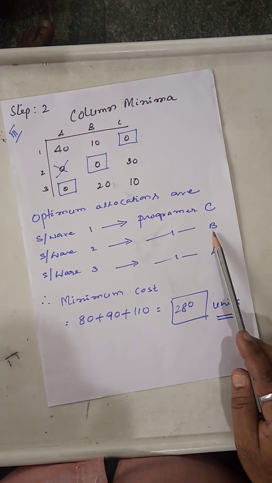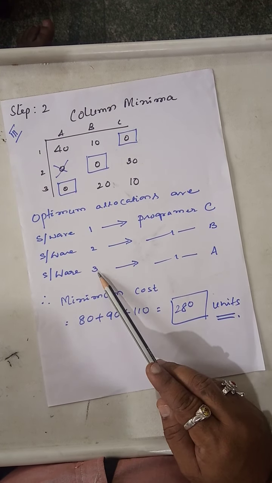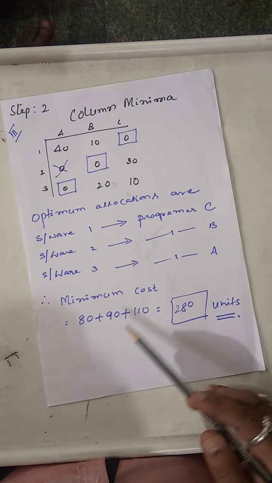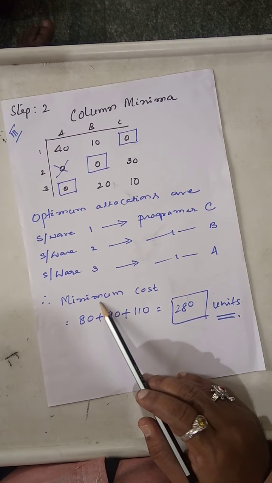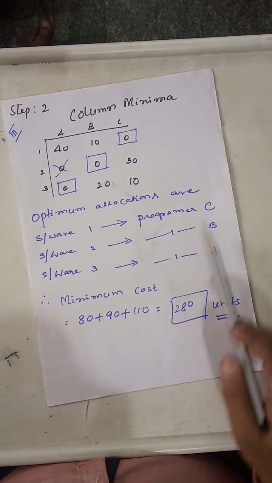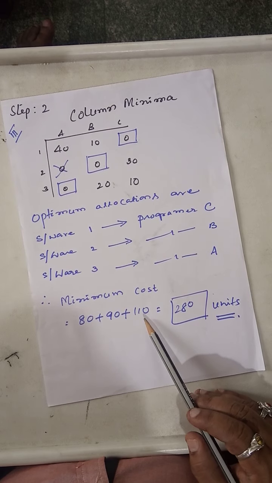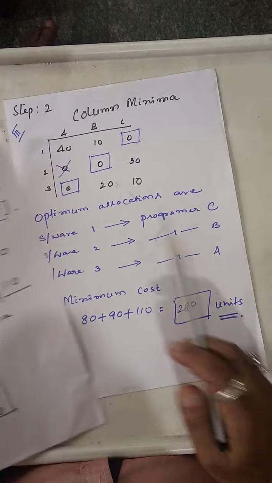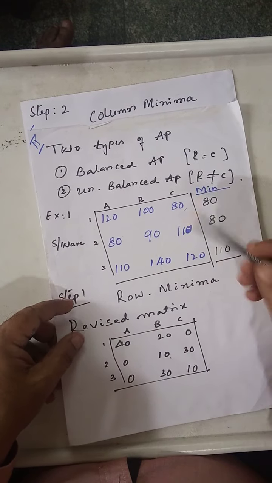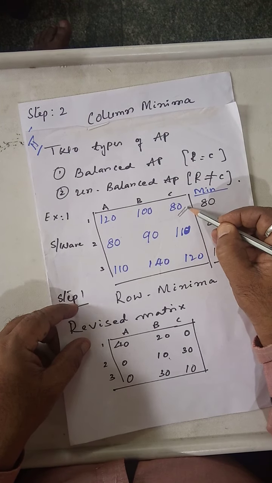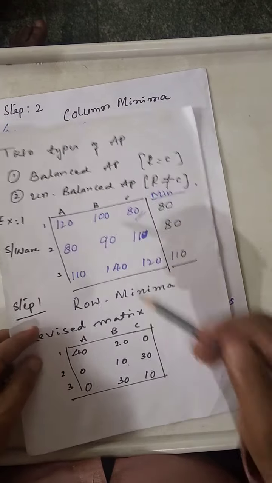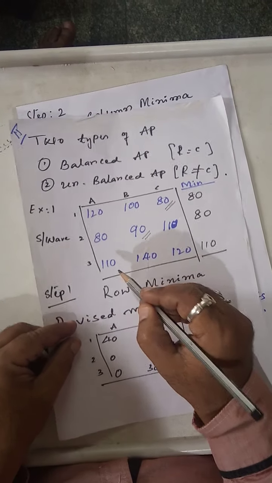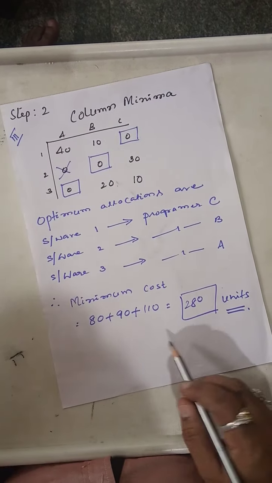Software 2 is allocated to B, and software 3 is allocated to A. And if you compare with the given problem, the minimum cost is going to be 1 with C, 2 with B, and then 3 with A. Look at this, 1 with C, this is 80. Again 2 with B, it is 90. And again 3 with A, it is 110. That's what is marked here.